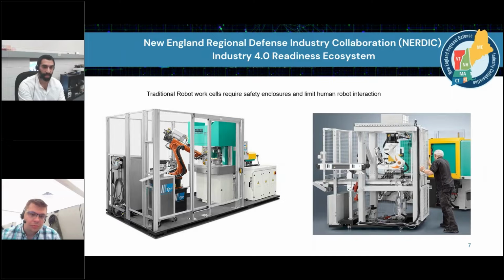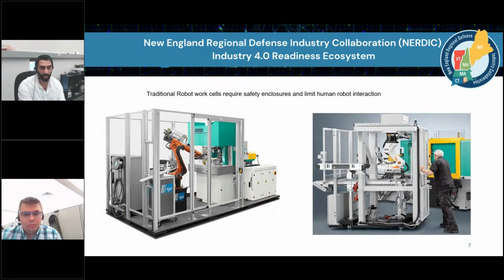So that being said, Sam and I are going to walk you through the distinction of collaborative robots from traditional robots. And one of the first things that you'll see, particularly on this slide, is that both work cells here are showing traditional robots, but they have safety enclosures.